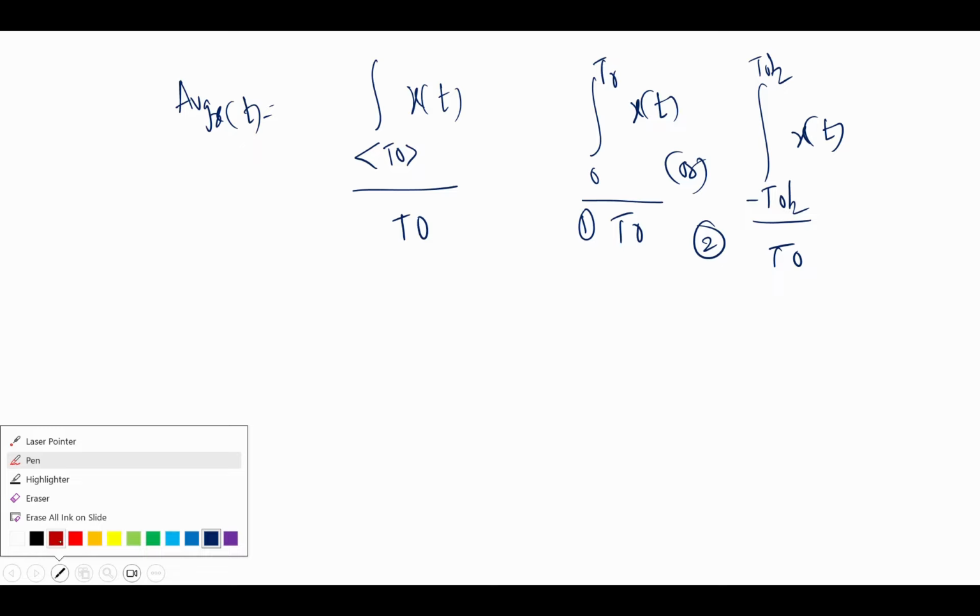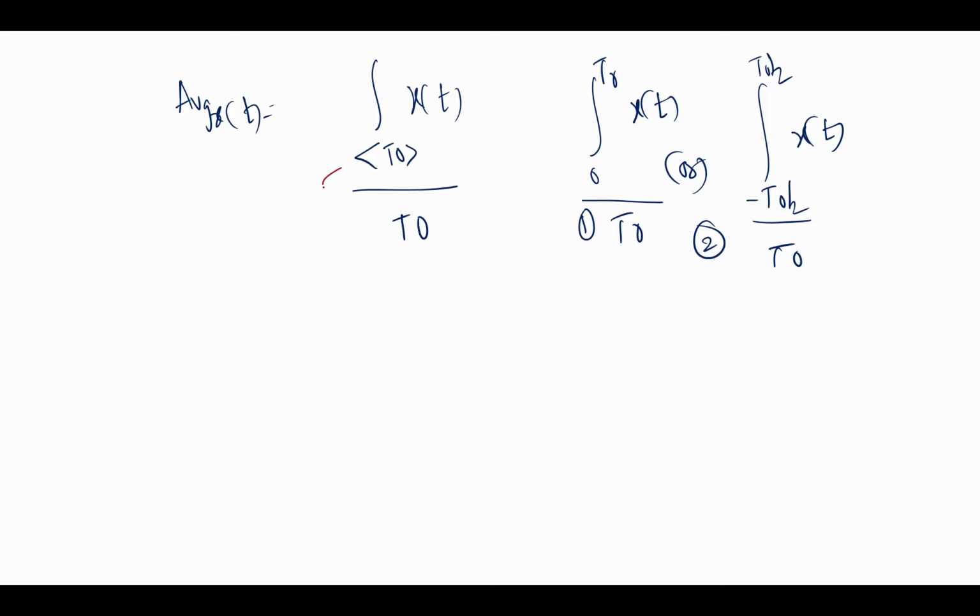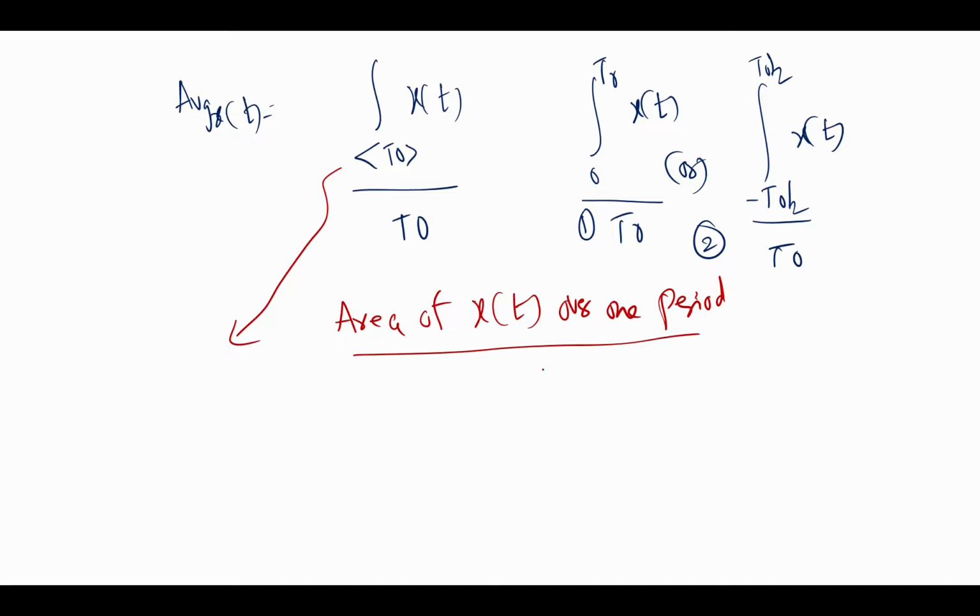If you see carefully, by intuition one can say we know the integration means area, right? So this can also be seen as the area of x of t over one period divided by one period.